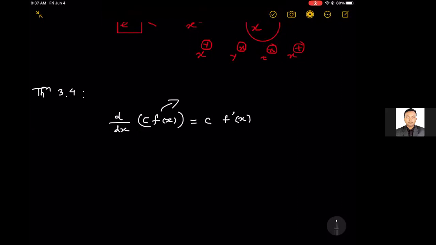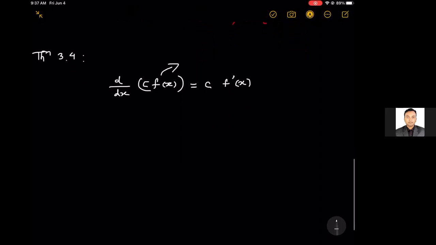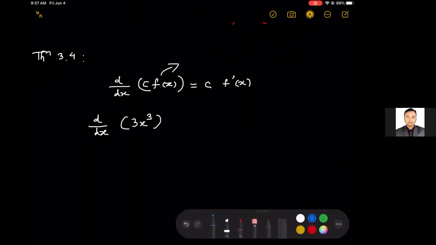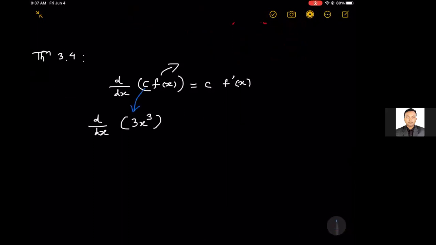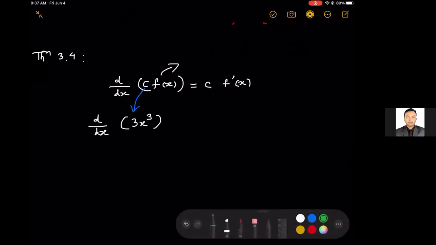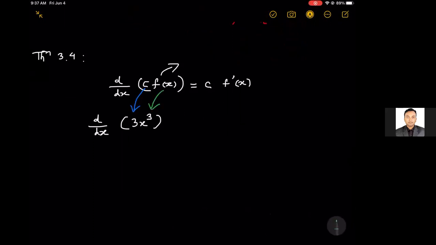Okay. Let me show you one example. Let's say we're trying to find the derivative of 3x cubed. So you can clearly see that it's a constant times another function.